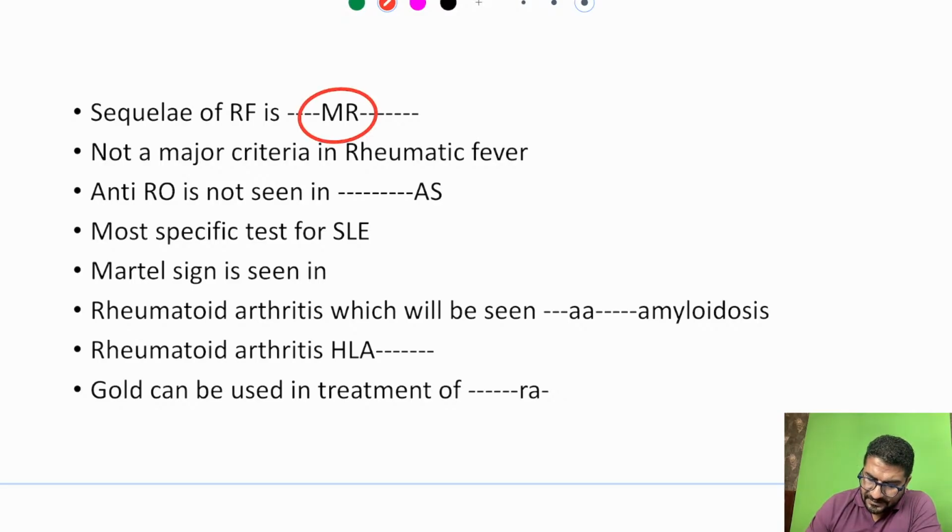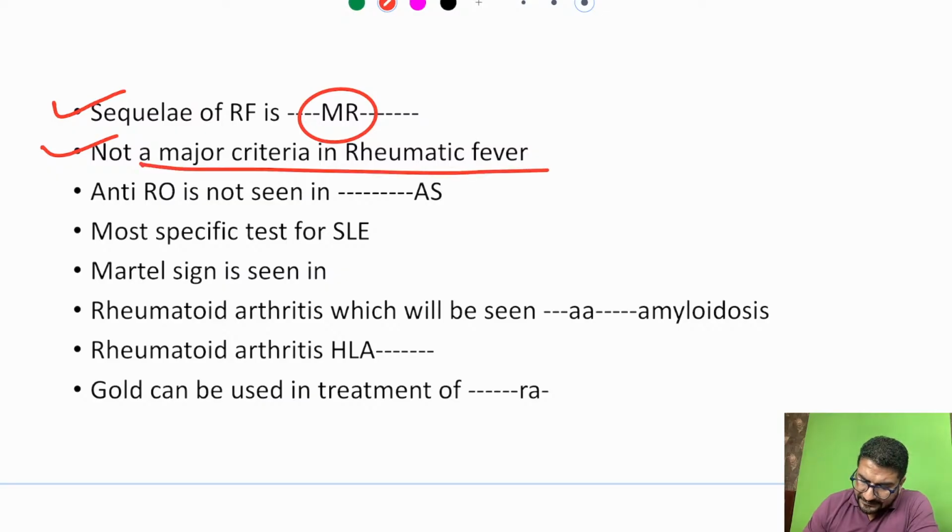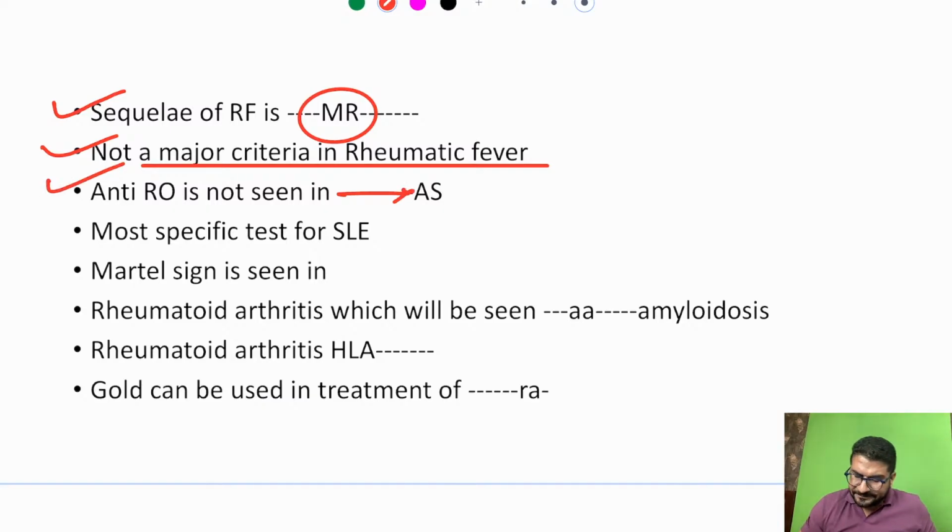MR हो जाएगा. सो रोमैटिक फीवर में MS होता है, आगे जाके इट कैन कन्वर्ट इनटू MR. नाउ दे आस्क यू मेजर क्राइटेरिया इन रोमैटिक फीवर, सो उसको हम कार्डियोलॉजी में पढ़ेंगे, व्हाट आर द मेजर माइनर फीचर्स. तो ये बार बार इस टाइप का क्वेश्चन आता है एग्जाम में, इसलिए लिखा हुआ है. Enthesitis is not seen in ankylosing spondylitis. एंटीरो मिलती कहाँ कहाँ पर. सो एंटीरो वेयर वी विल सी एंटीरो.